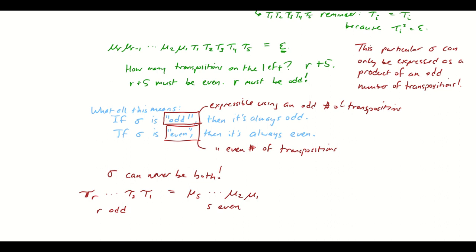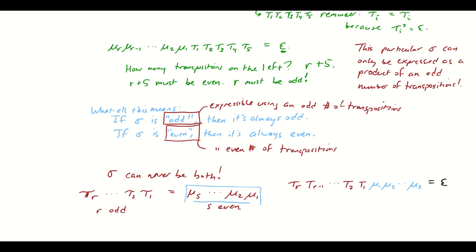And then if I use the same strategy I used before of multiplying both sides by the inverse of what's on the right side, I have tau r, tau r minus 1, all the way down to tau 2, tau 1, and then the inverse of this would be the product of all the mu's in reverse order. So I'll just do that over here, mu 1, mu 2, up to mu s. That would all be equal to the identity.